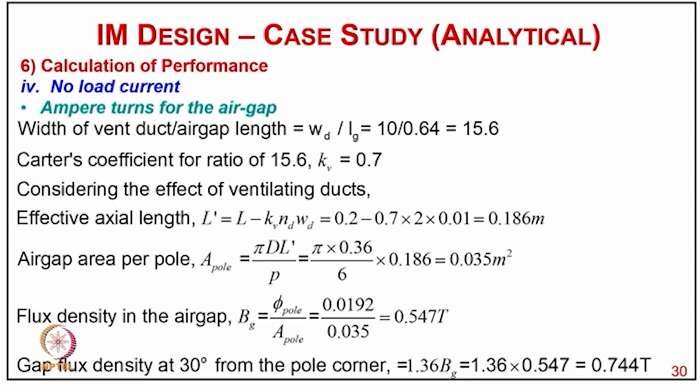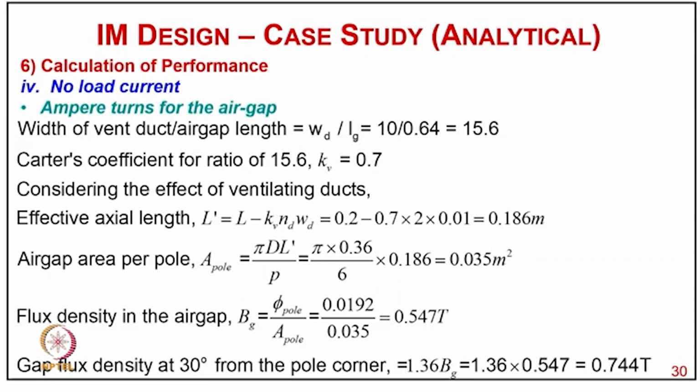Now coming to the width of the ventilating duct upon air gap length, WD upon LG, it comes 15.6, and the Carter coefficient because of this duct, for this ratio of 15.6, comes KV equal to 0.7. Considering the effect of ventilating ducts, the effective axial length is L dash equal to L minus KV ND WD, so it comes 0.186 meter.